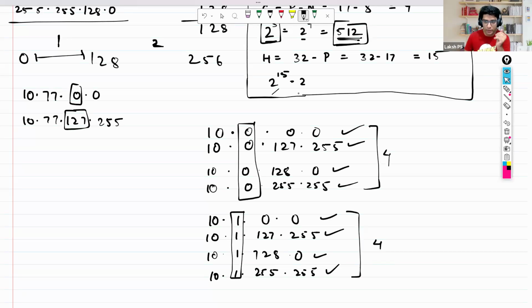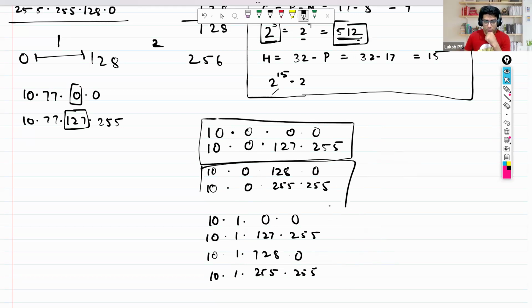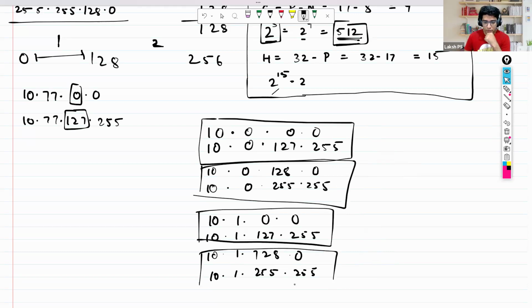Sorry, not four subnets, two subnets. For 0, you have two subnets. For 1, you have two subnets.